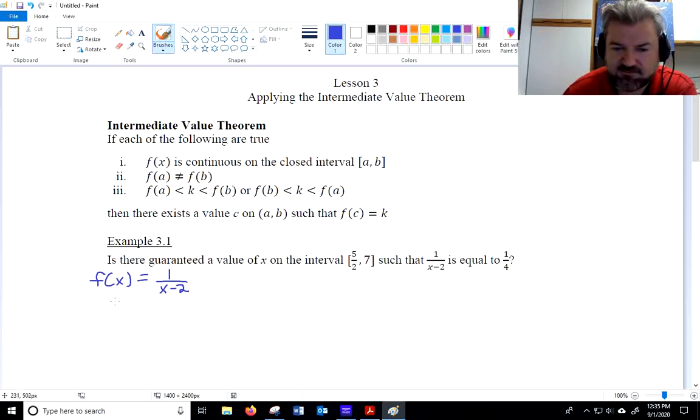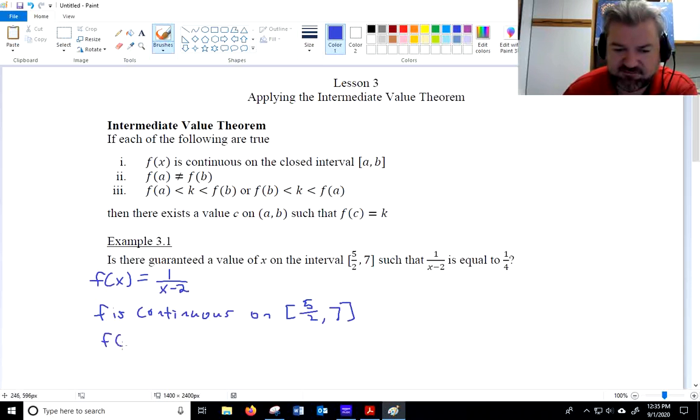So we're good there. That's the only discontinuity of f, so I'm going to say f is continuous on the closed interval, and that's important. You need to establish continuity on a closed interval to apply the intermediate value theorem.